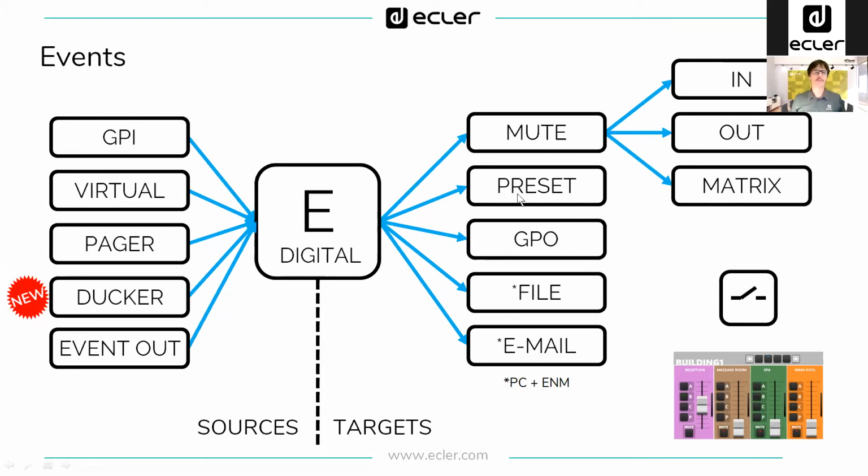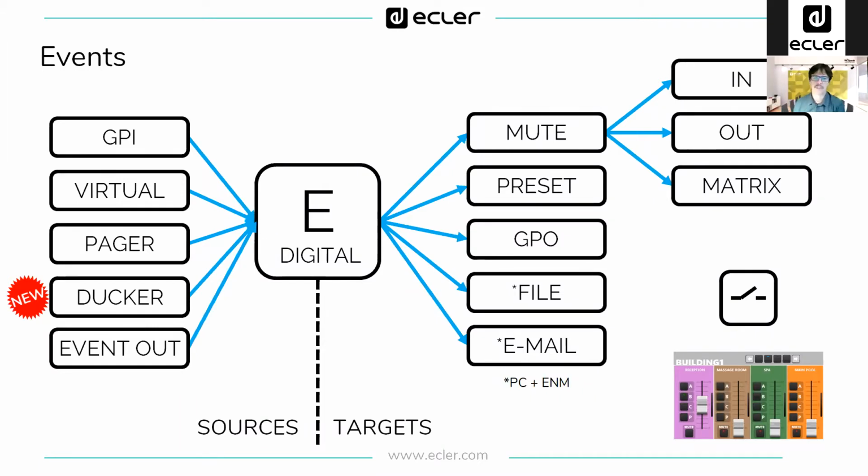Recalling a preset, activating a GPO, and these 2 last ones are special ones for when EclerNet Manager is in a PC, meaning that you are not using a WPNet Touch as a UCP server, but a PC that is running your EclerNet Manager, and it's serving the UCPs to other devices.